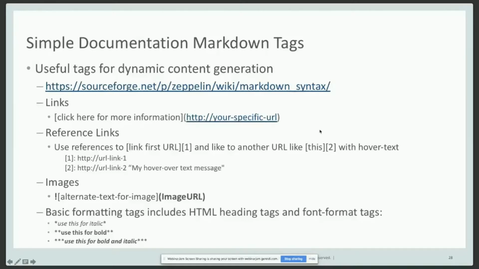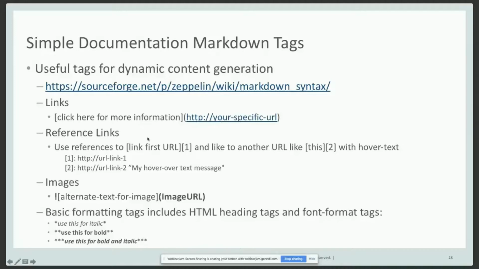In my markdown tag paragraph, that's precisely how it would appear, except obviously here we'd have a URL pointing somewhere. When I then run that markdown, I will just see click here for more information, and this would come through as a hyperlink to that URL.